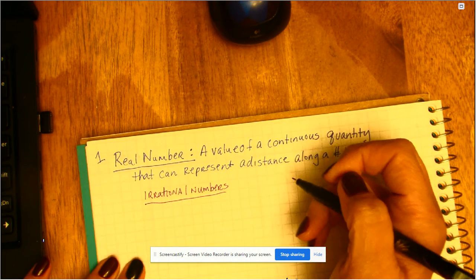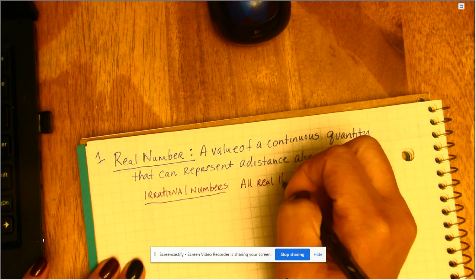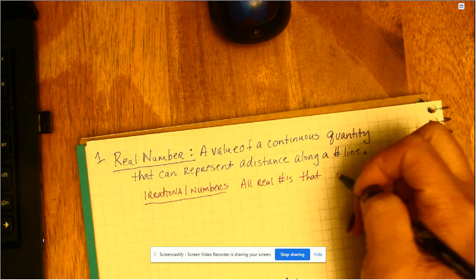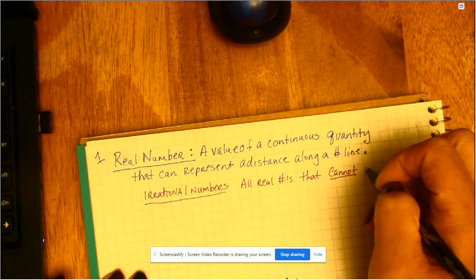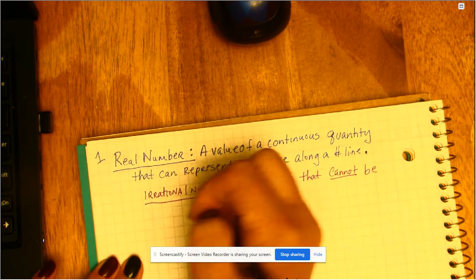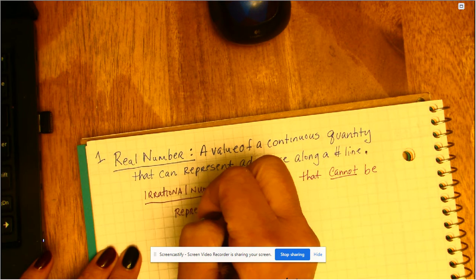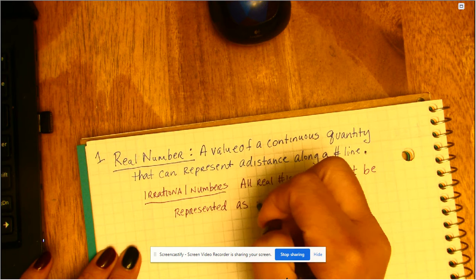And irrational numbers are all real numbers that cannot be represented as a fraction.